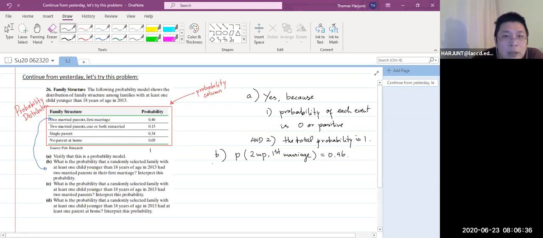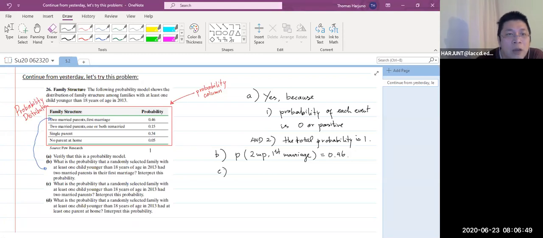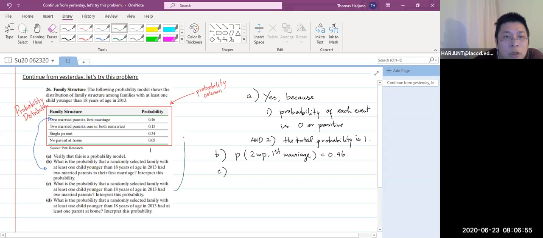Part C, what is the probability that a randomly selected family with at least one child younger than 18 years of age in 2013 had 2 married parents? Part C seems to refer to 2 married parents, both of these.